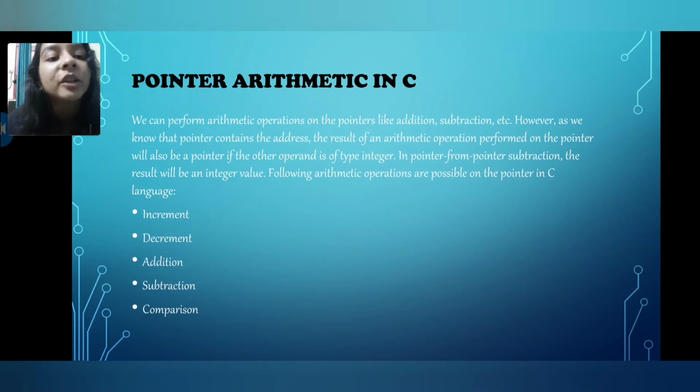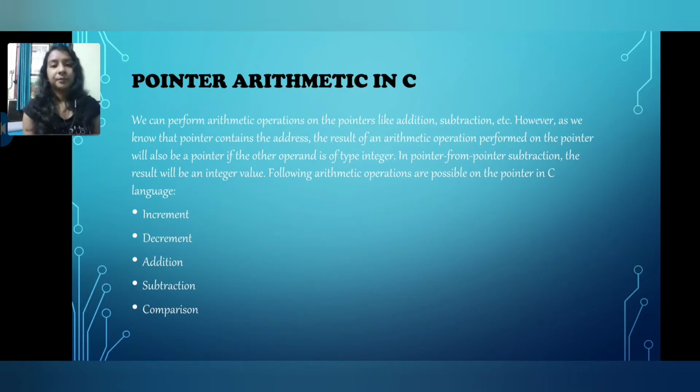The following arithmetic operations are possible on a pointer in C language. You can increment a pointer, decrement a pointer, add two pointers, subtract two pointers, and compare two pointers. But you cannot perform multiplication and division. Those are not valid operations. How can you multiply two addresses? That seems illogical, right?